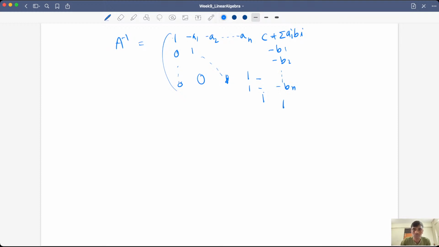Then this is 1 1 all the way up to 1, and the remaining is 0. Okay, so this will be the A inverse.